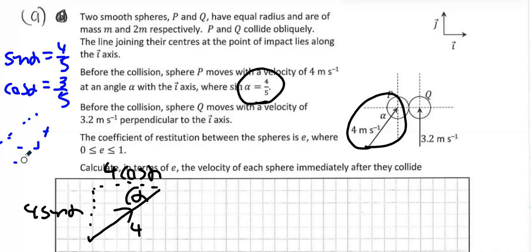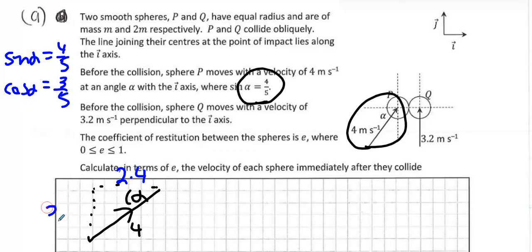So it's going to be 4 times 3 over 5. So what's 4 times 3 over 5? Anybody? 2.4, yeah. Right. And then the other one, 3.6, is it? 3.2, sorry.